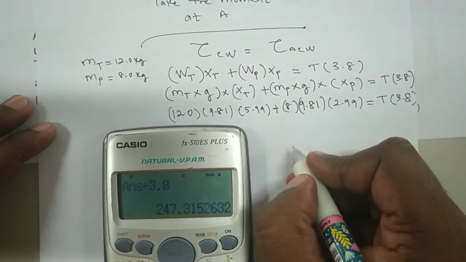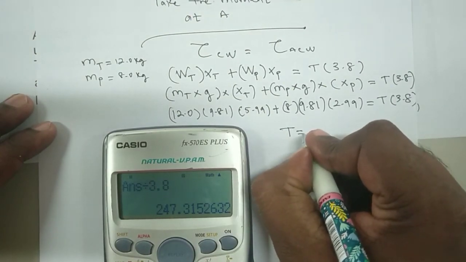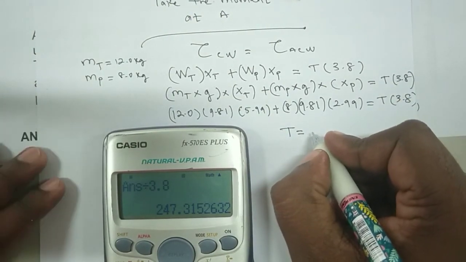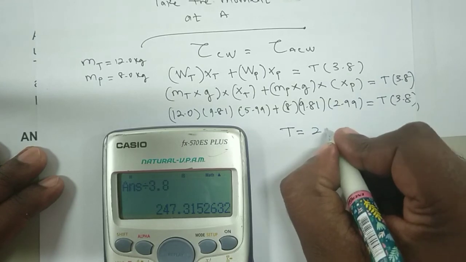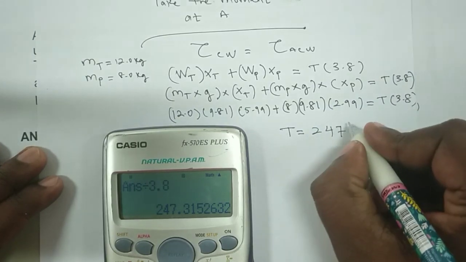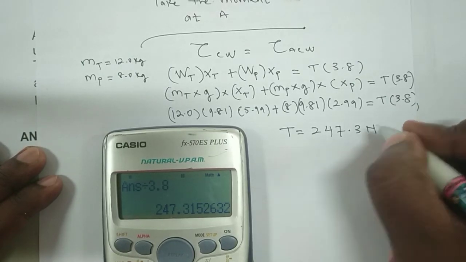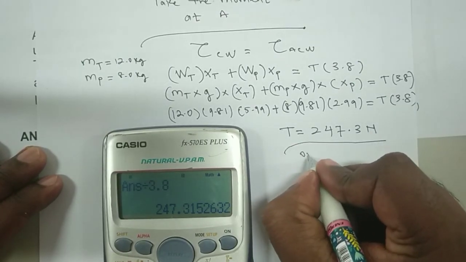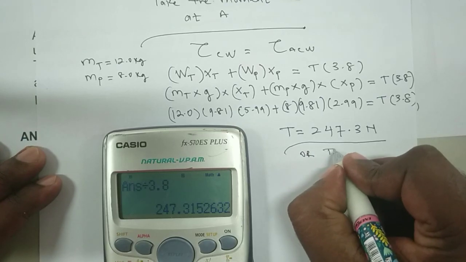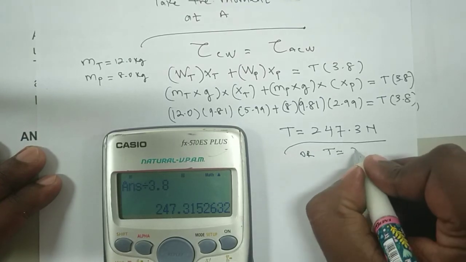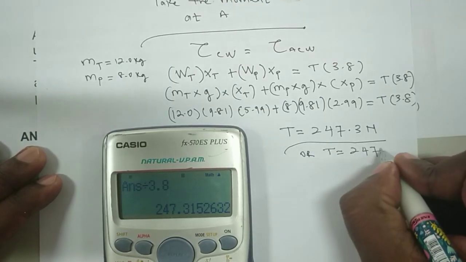So the tension of the cable is 247.3 Newton, or you can put it as a tension is 247 Newton.